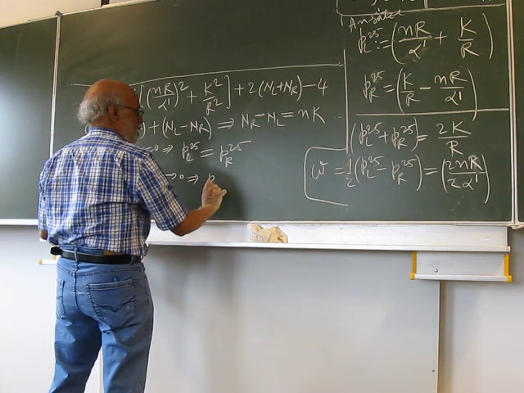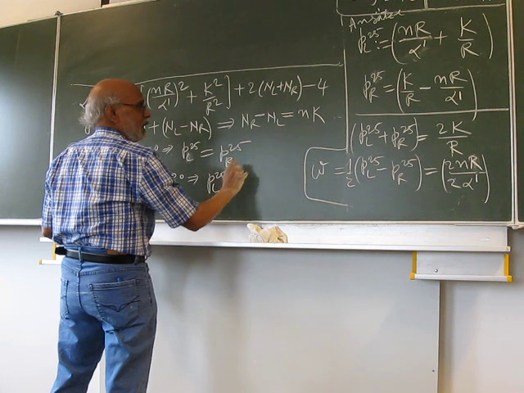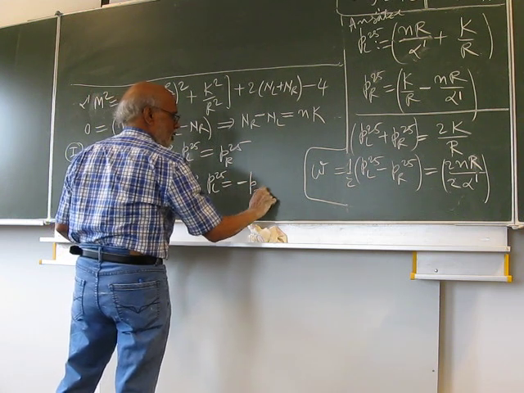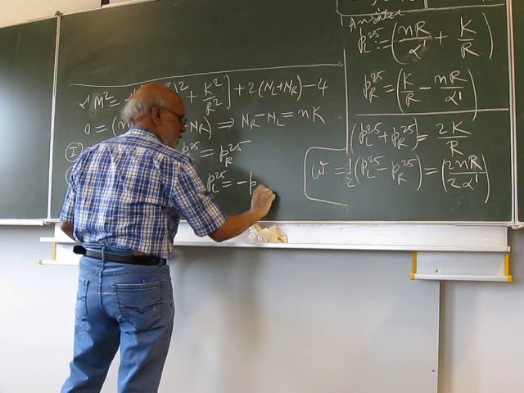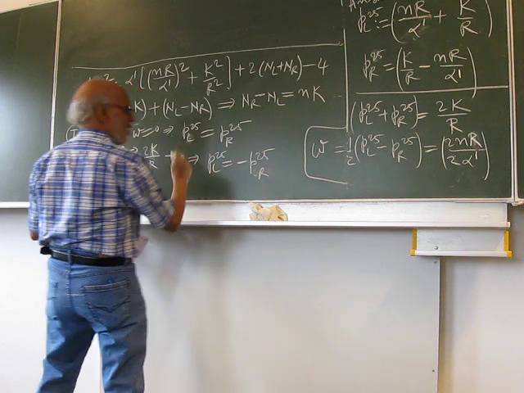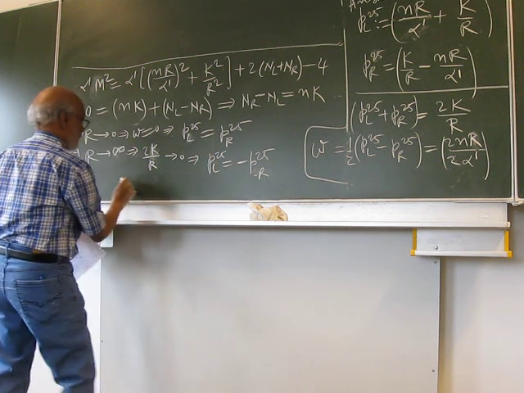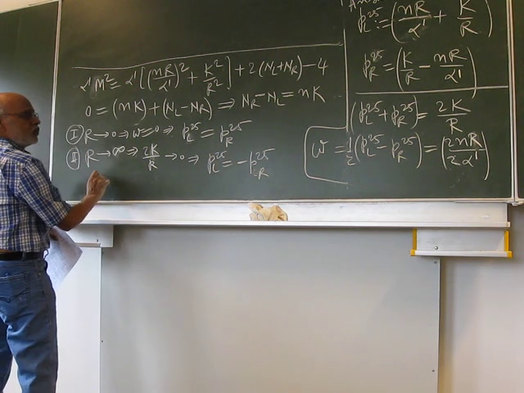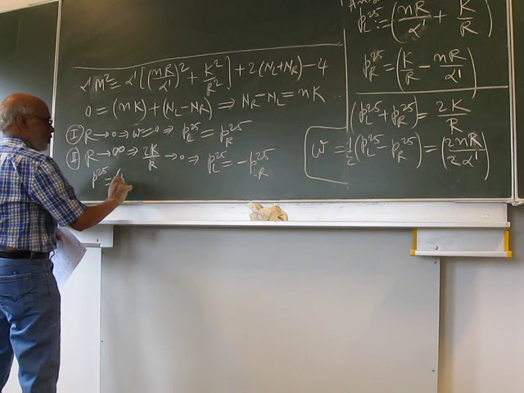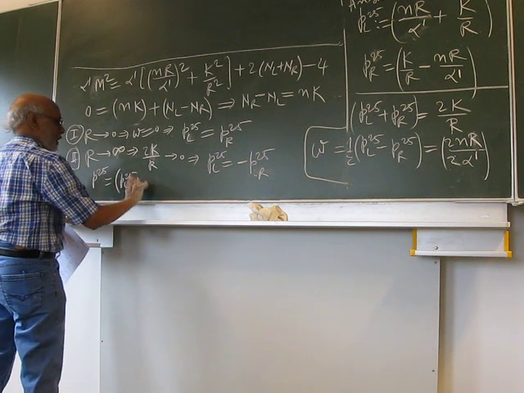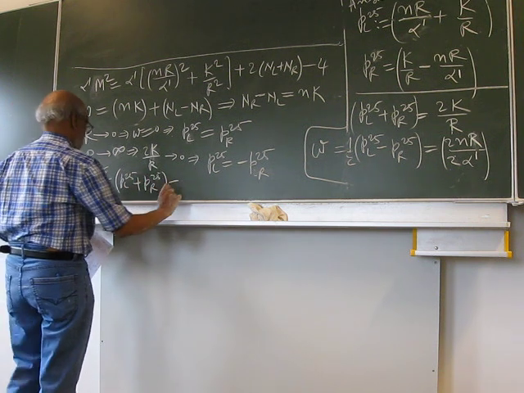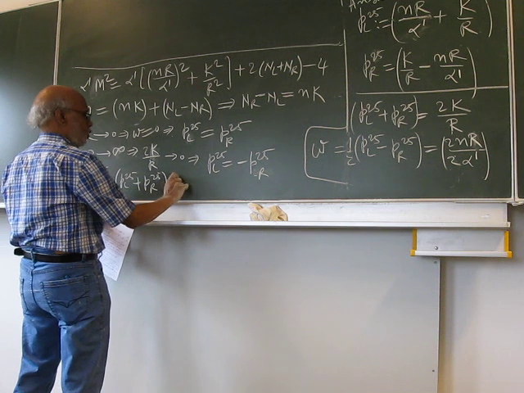This implies that PL25 is minus PR25, as well as P25, which is the sum of PL25 plus PR25, this goes to 0.